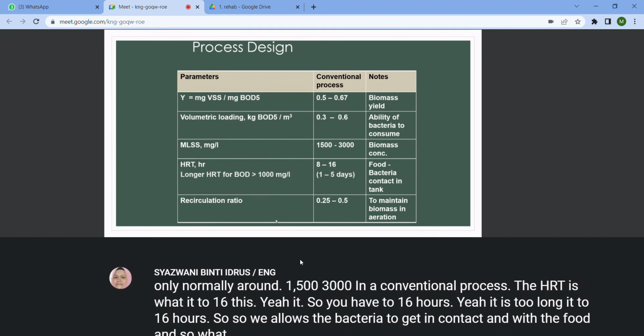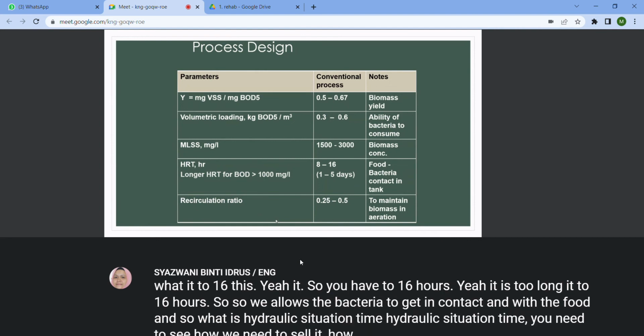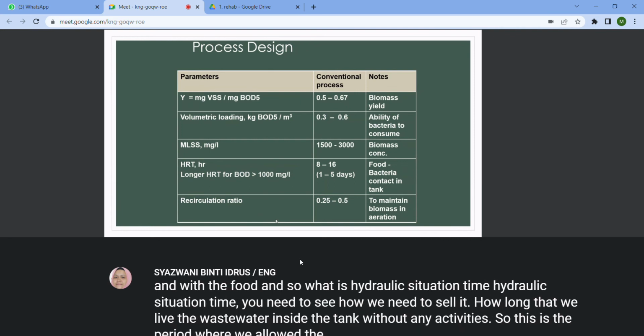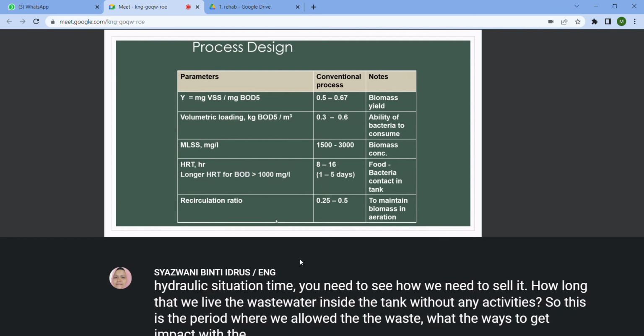What is hydraulic retention time? It is how long we leave the wastewater inside the tank without any activities. This is the period where we allow the waste to get in contact with the microorganisms. So that is hydraulic retention time.